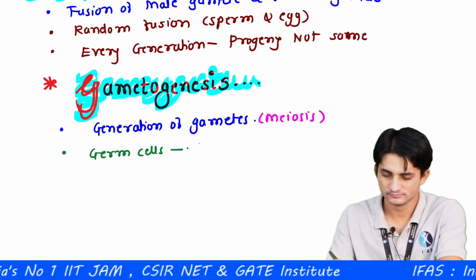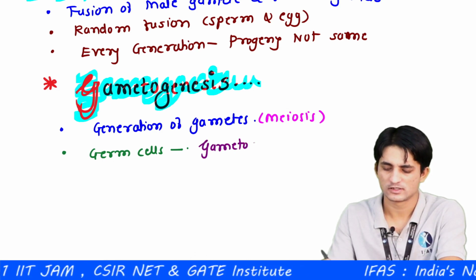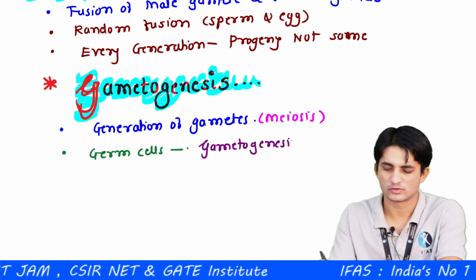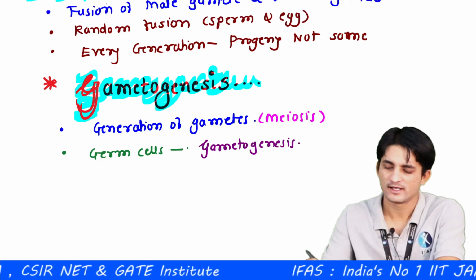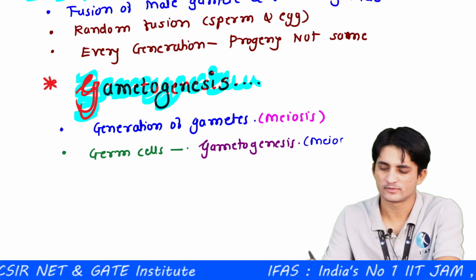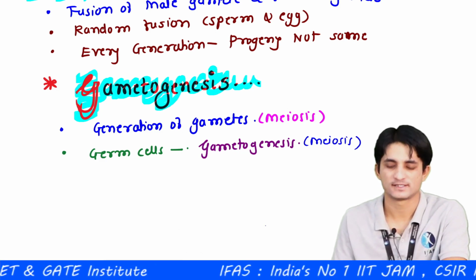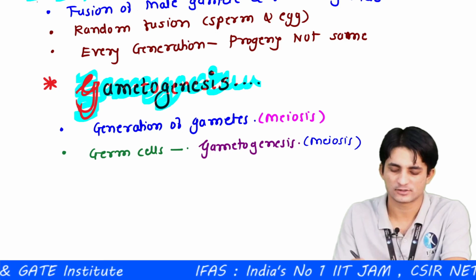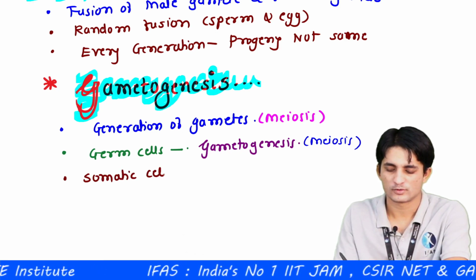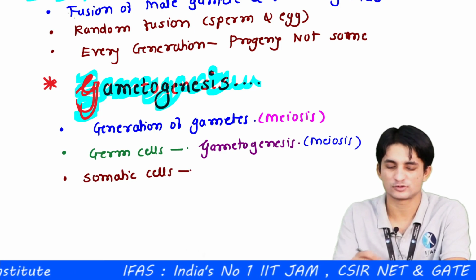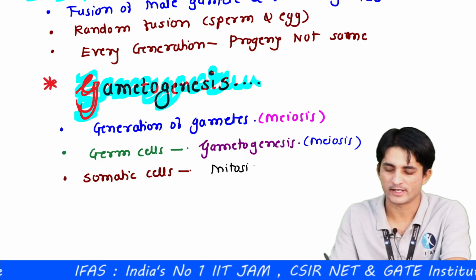They do the gametogenesis, and gametogenesis means they enter into meiosis. So they do meiosis, and the resting cells of our body are called somatic cells, and these somatic cells do mitosis.